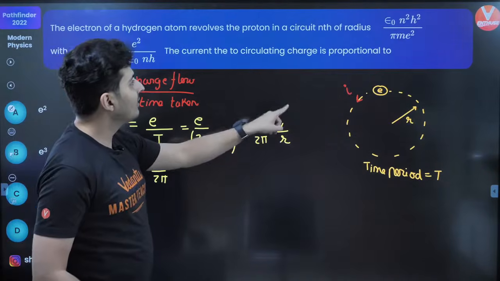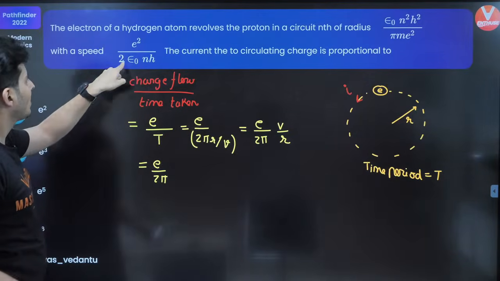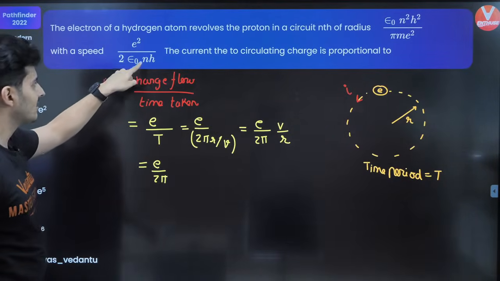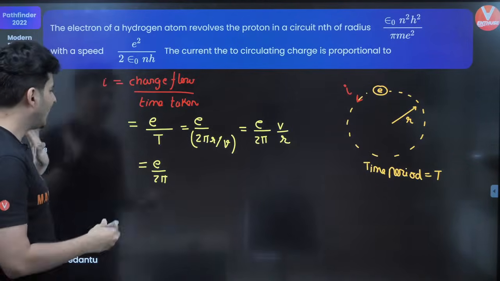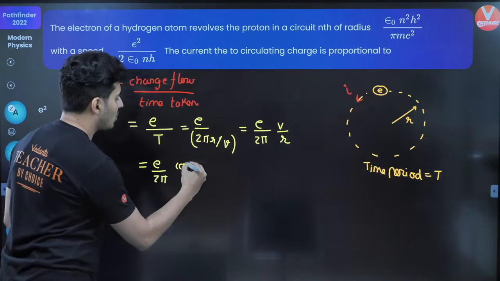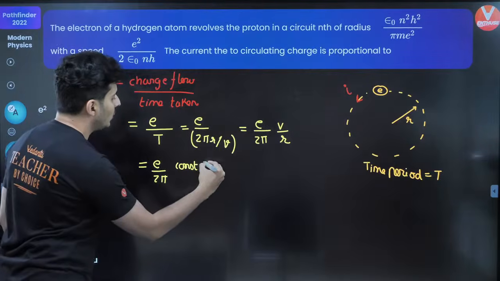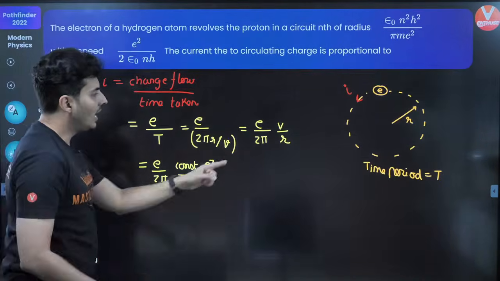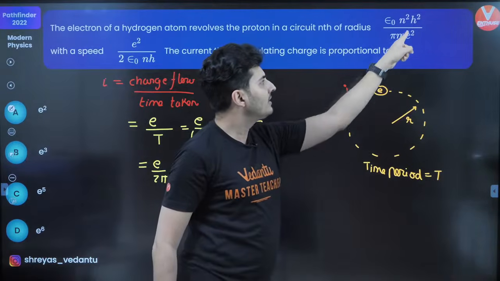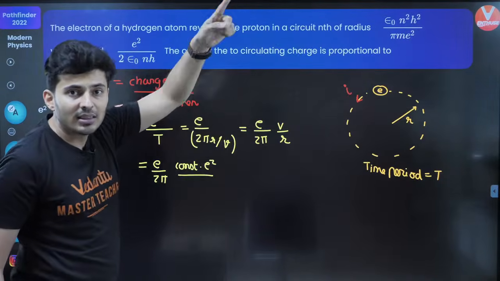Now in the velocity equation, all these numbers are constants. Just ignore that because I just need the power of e. So I can just say it is some constant into e square. I hope you can see that, some constant into e square. And for radius, all these are constants except e square in the bottom.